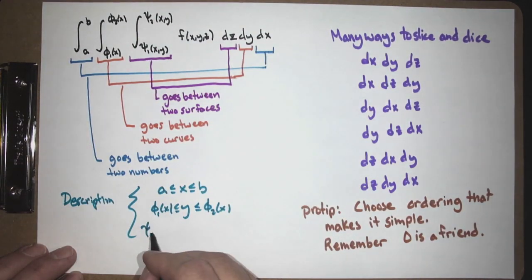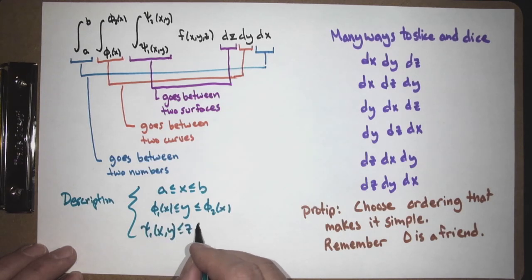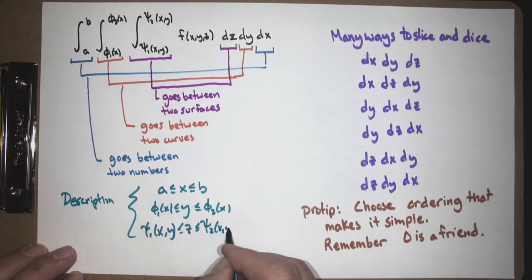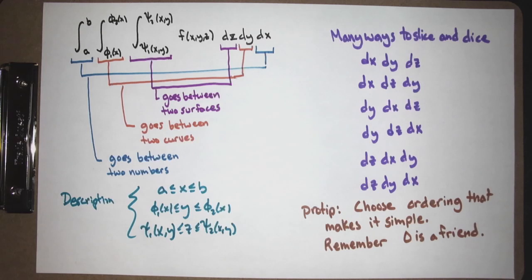And then this function psi 1 of x, y is less than or equal to z, less than or equal to psi 2 of x, y. So this is the kind of description that we get from the bounds for our integrals. And if we want to put a solid into an integral, we have to find that description. So that's going to be our goal. How do we find that? And so we're going to practice that.